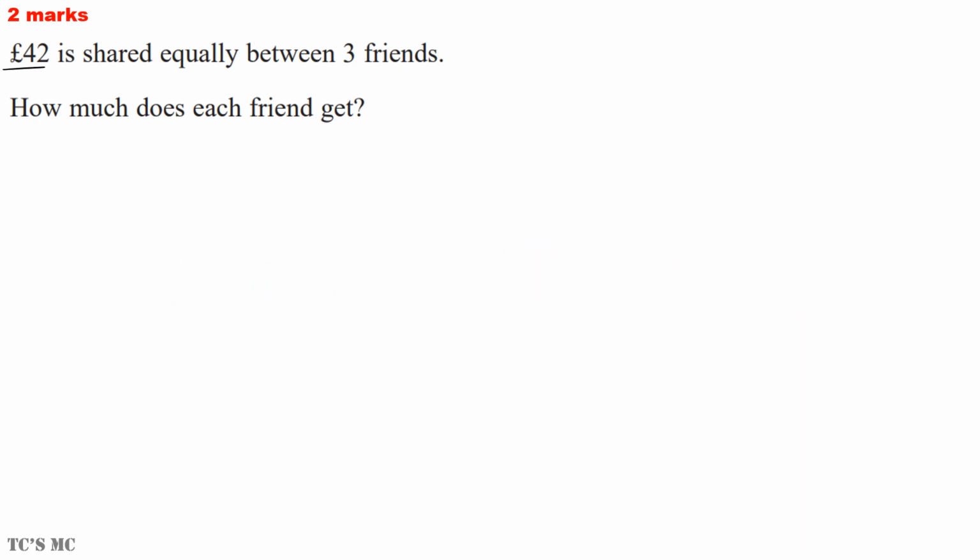42 pounds is shared equally between 3 friends. How much does each friend get? When sharing equally, that means we need to do 42 pounds divided by 3. For having written this out, we would get 1 mark.